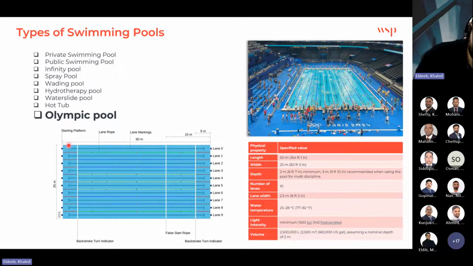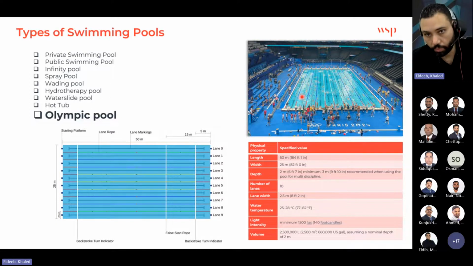So usually the size of the Olympic pool is 25 by 50 meters, and divided with a specific dimension to ensure we have enough space in the lanes for the swimmers without impacting the competition between them. Usually for us as mechanical engineers, Olympic pools use an overflow system. I did not explain this yet, but I'm going to explain it at the end of this session.